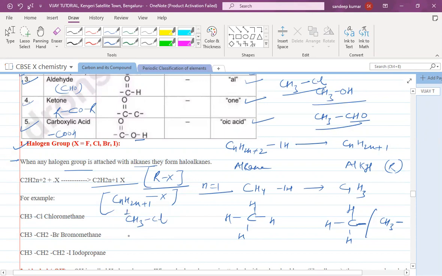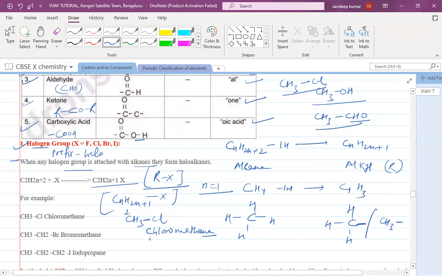One carbon means methane, and since for halogens we use the prefix, chlorine becomes chloro. So this is chloromethane.